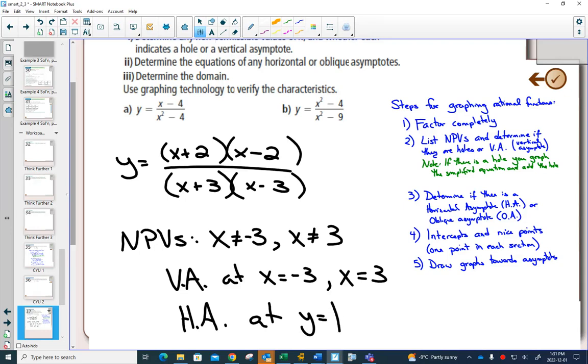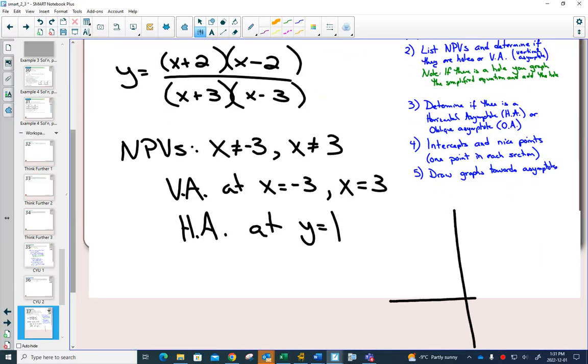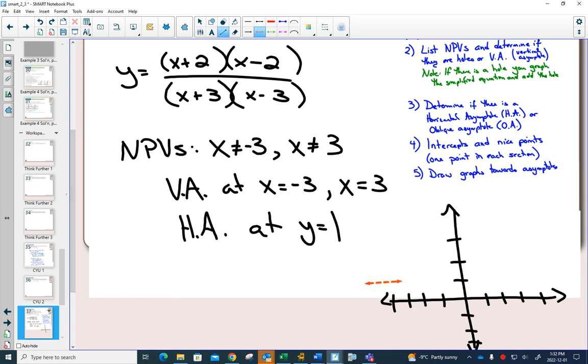You look at the x squared divided by x squared, the coefficients are 1 divided by 1, so your horizontal asymptote is going to be at 1. As a result, we can start our graph. Horizontal asymptote at 1, vertical asymptote at -3, and at 3.